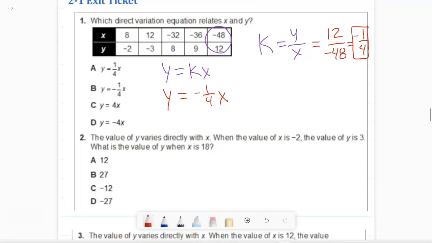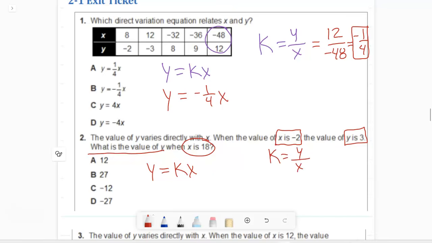Okay, the next problem, it says x is negative 2, y is 3. What is the value of y when x is 18? Okay, so first we're going to find out the equation. So that's y equals kx. We need to take y divided by x.